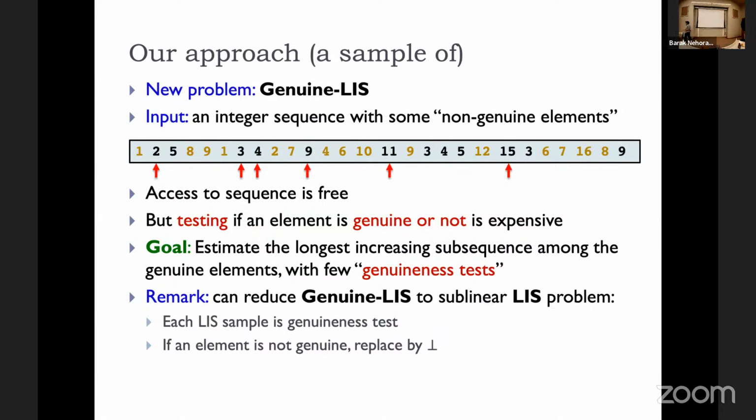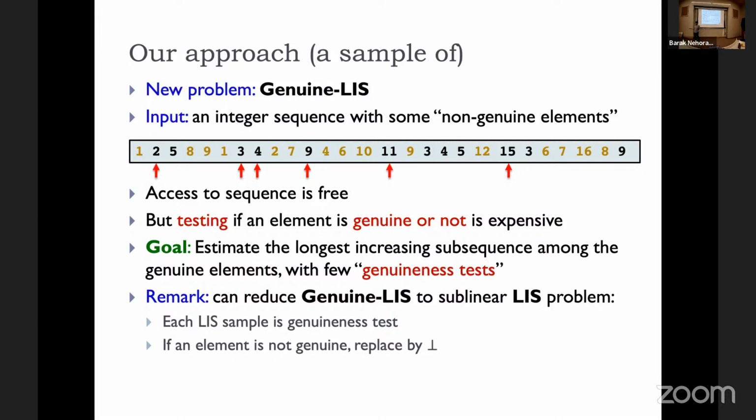No, we have no assumption on the structure. But sure, the length of the LIS cannot be large if the number of genuine elements is really small, less than n by p, for example. There cannot be an LIS of length n by p.